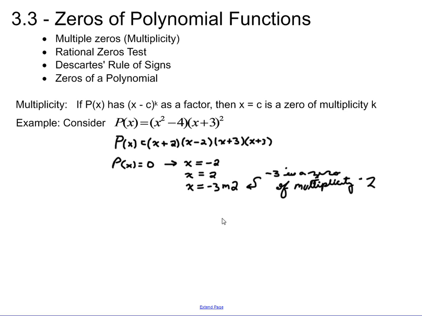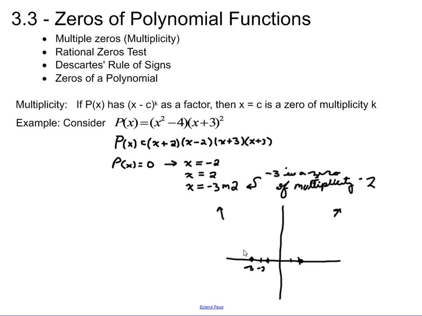So if we were interested in factoring and graphing this function at this point, we know that what we would get is a graph that would have a positive leading coefficient and be of fourth degree, so it would go up to the left and go up to the right, and would pass through the x-axis at negative 2 and negative 3, and at positive 2 as well.